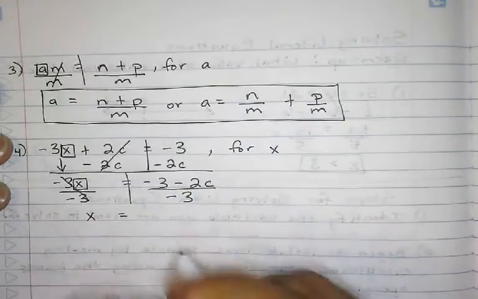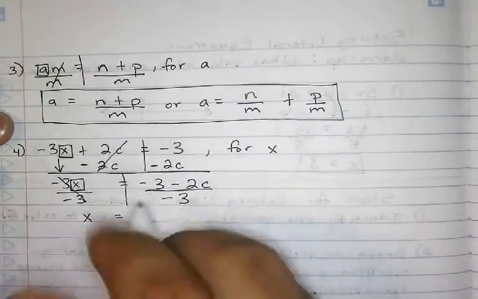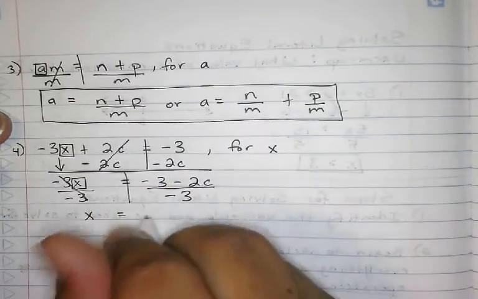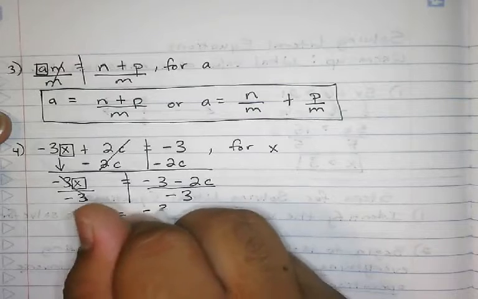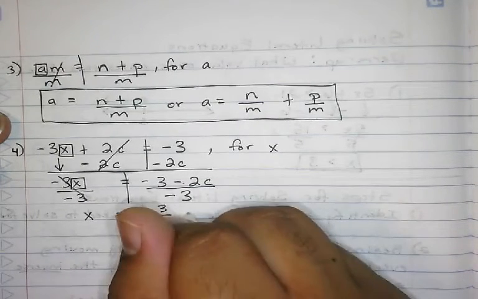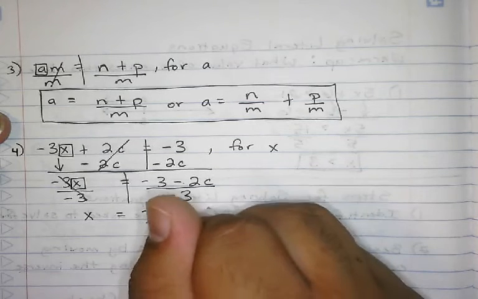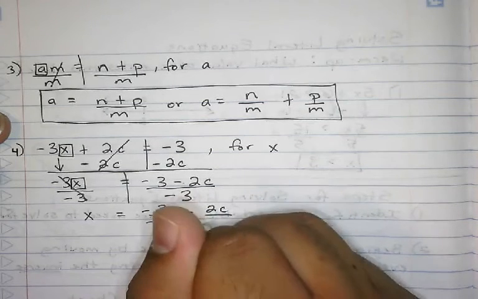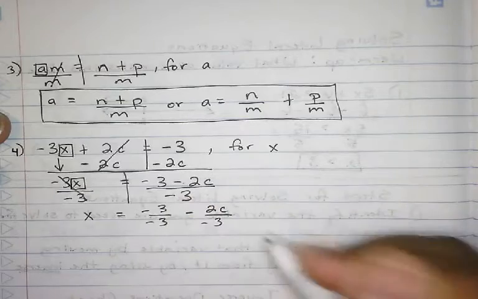x equals, and I'm going to break it up here so we can see it, negative 3 divided by negative 3, then negative 2c divided by negative 3.